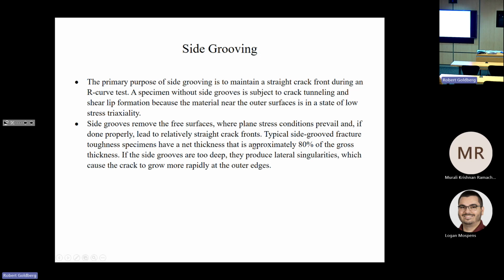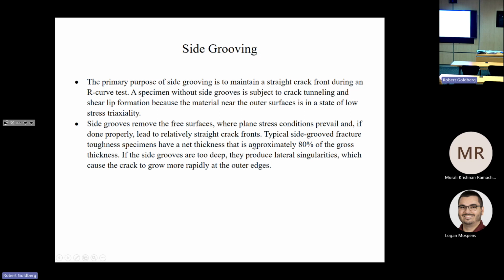Because if you don't have these side grooves, it's subject to crack tunneling and shear lip formation. Way back when we did linear elastic fracture mechanics, we talked about the shear lip formations and the various triaxialities that can take place during a K1C test. And we talked a little bit there about how side grooving can avoid some of these problems.